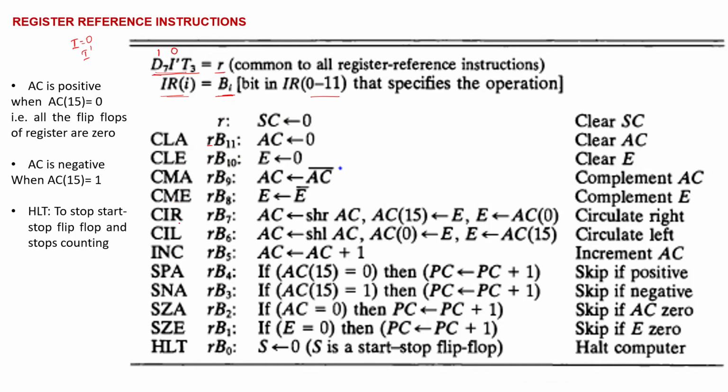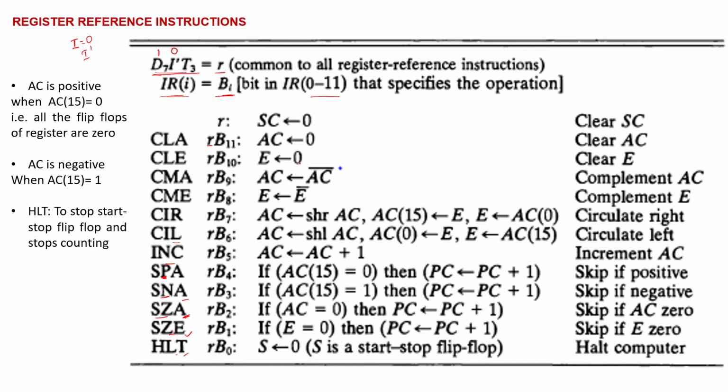CME is complement E, CIR is circular right, CIL is circular left, INC is the increment of the accumulator, SPA is skip if positive accumulator, SNA is skip if negative accumulator, SZA is skip if the accumulator contents are 0, SZE is skip if the E register bit is 0, and HLT is for halt or stop.